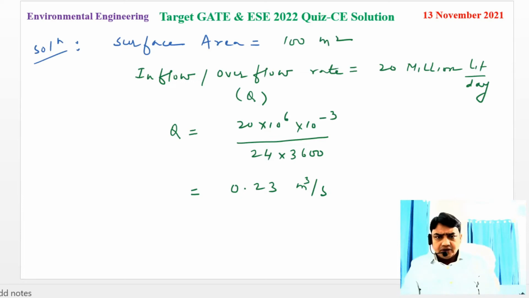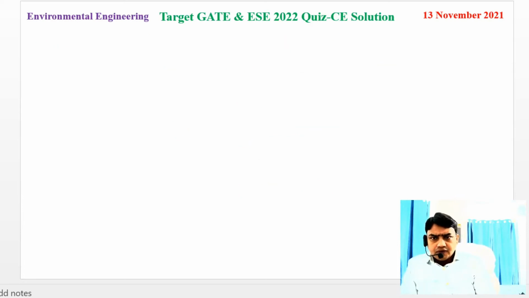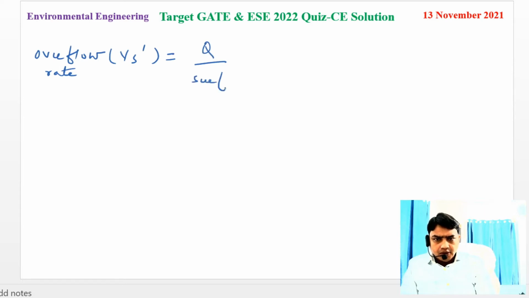So overflow rate, denoted by Vs dash, is equal to discharge divided by surface area. So inflow or discharge we have computed, that is 0.23 meter cube per second divided by 100.